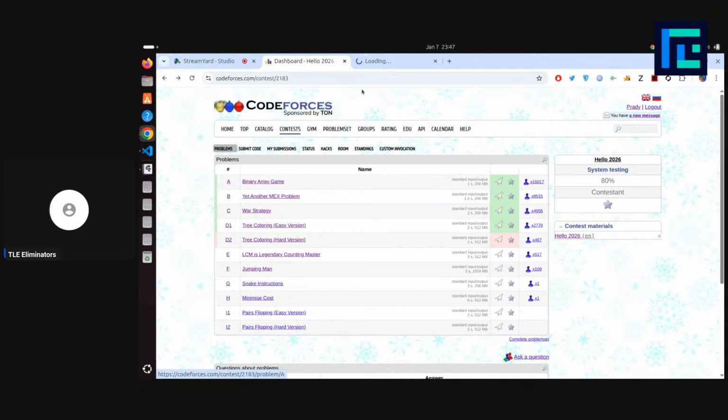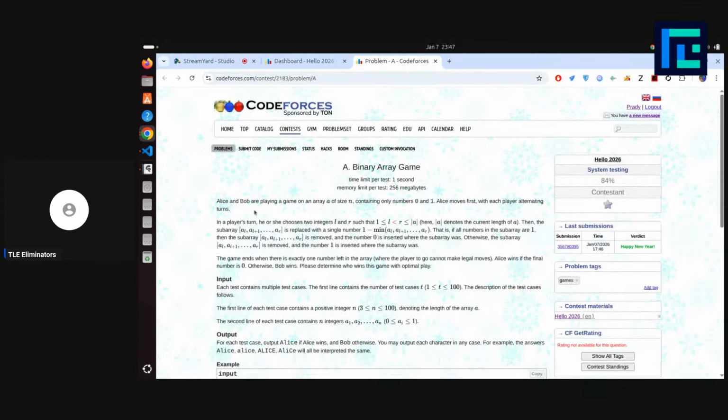So the first problem was A, binary array game. Alice and Bob are playing a game on an array A of size n, containing only numbers 0 and 1. Alice moves first, with each player alternating turns. In a player's turn, he or she chooses two integers L and R, such that L is less than R, and they are between 1 to length of A. Then the subarray AL to AR is replaced with a single number 1 minus minimum of AL to AR.